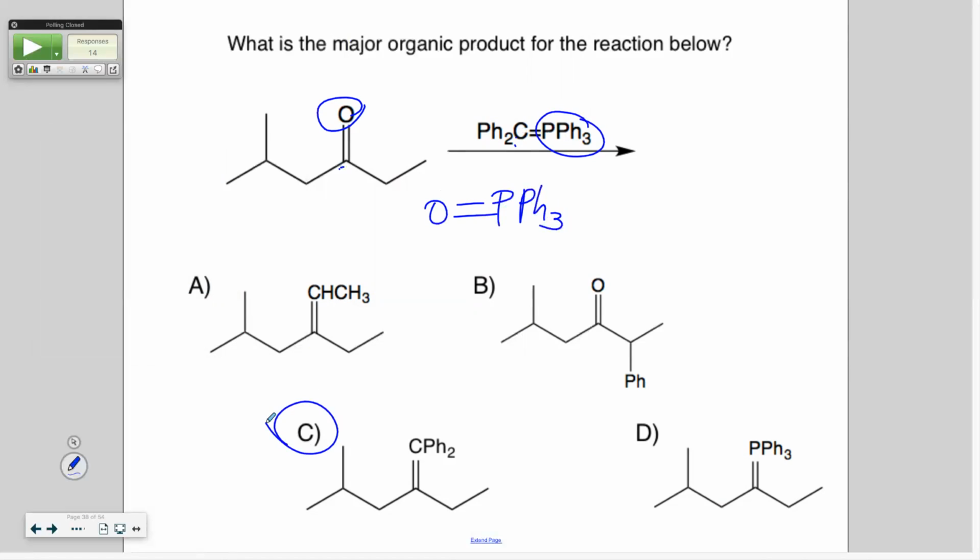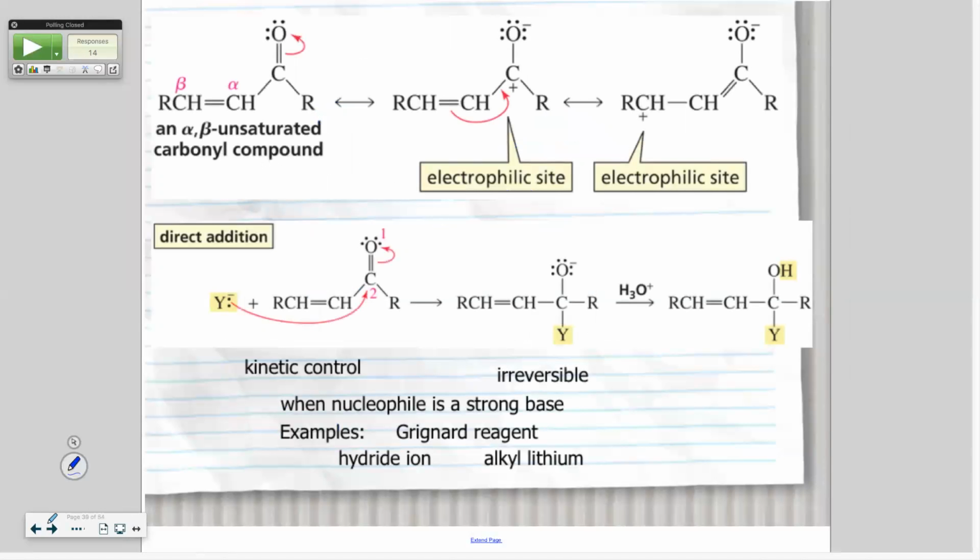We got it. Notice that you always get the double bond to the carbon. The phosphorus goes with the O. Remember, they love each other. I'm telling you that to have you remember that.